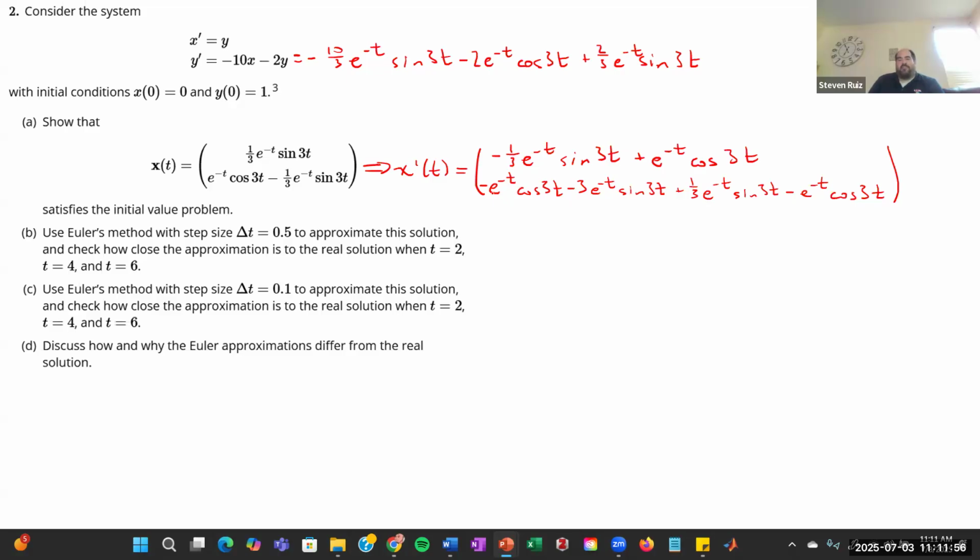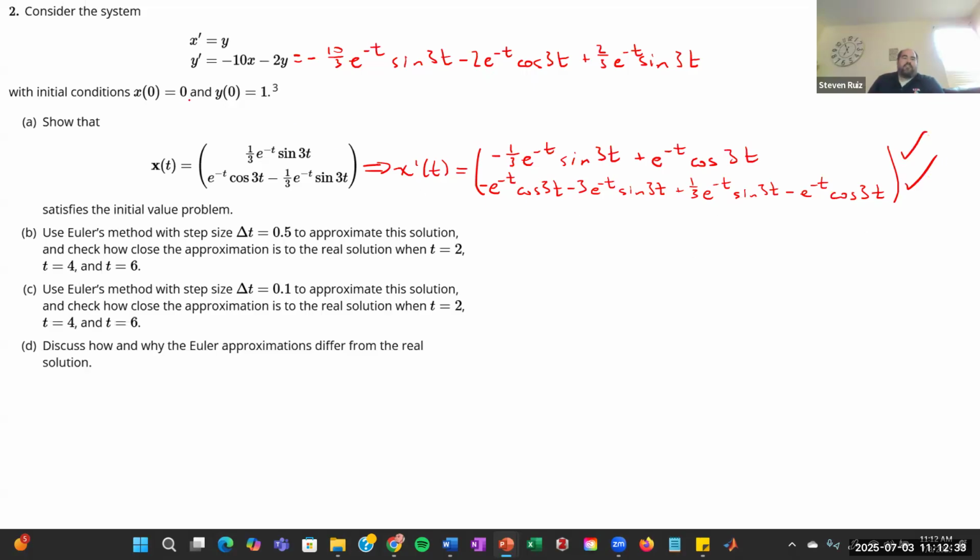Is that what I have down here? Negative 3 e to the negative t sine 3t plus 1/3. So negative 9/3 plus 1/3, that's negative 8 over 3. That matches. What about the cosines? I only have one term in my top line here, negative 2 e to the negative t cosine 3t. So down here I have negative e to the negative t cosine 3t minus e to the negative t cosine 3t. That's negative 2. So both of these look fine.